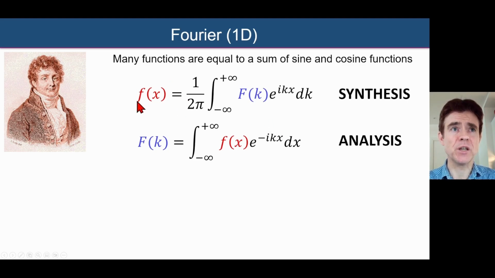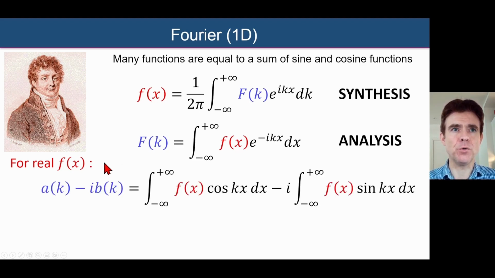But basically we're saying a function here is a summation of complex exponentials, sines and cosines with particular coefficients. And what we're going to do in particular to make this simpler in this video is deal with the case of real functions f of x. What that means is the following: we can take this Fourier analysis integral and decompose it very simply into a cosine transform and a sine transform.